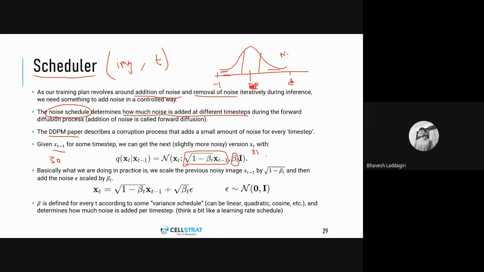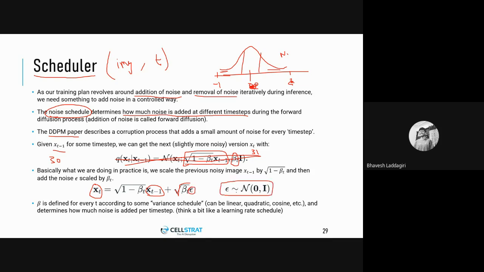So in this paper, let's just forget about this. What they did is that our new xt value is equal to square root of 1 minus beta times the previous image, so that is xt minus 1, added with square root of beta multiplied by a noise which is sampled from a normal distribution.